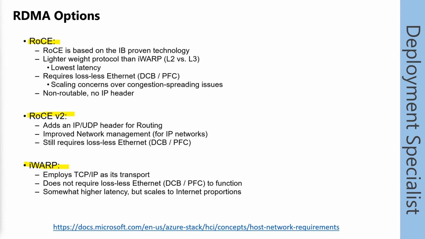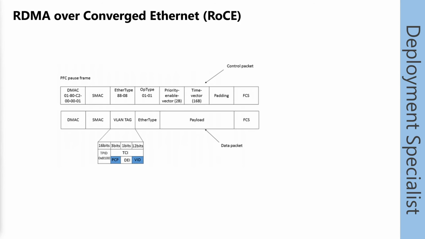The difference is that RoCE is more complex in configuration than iWARP, because RoCE, RDMA over Converged Ethernet, uses VLAN tags to provide a storage classification to ensure that we have a lossless communication via the network.